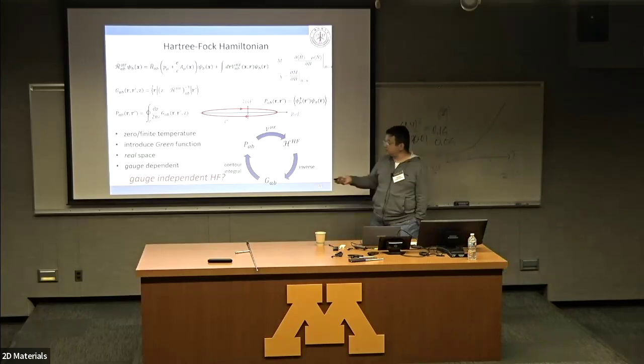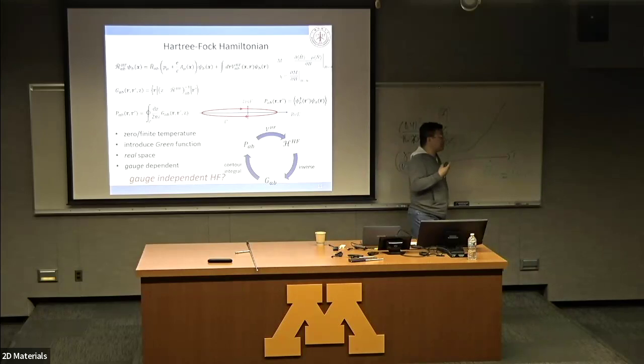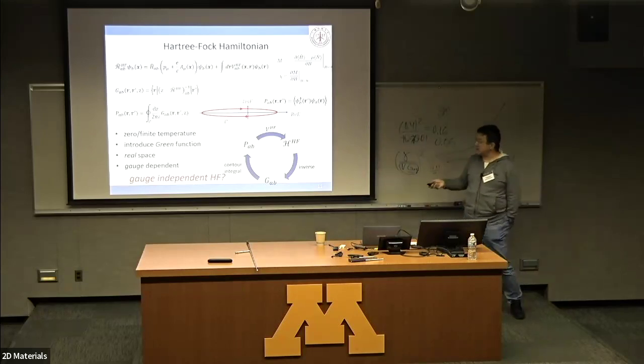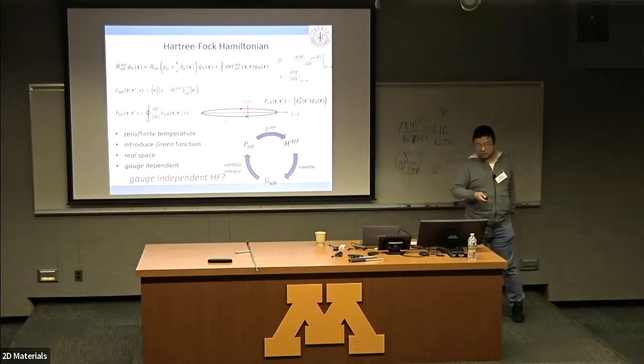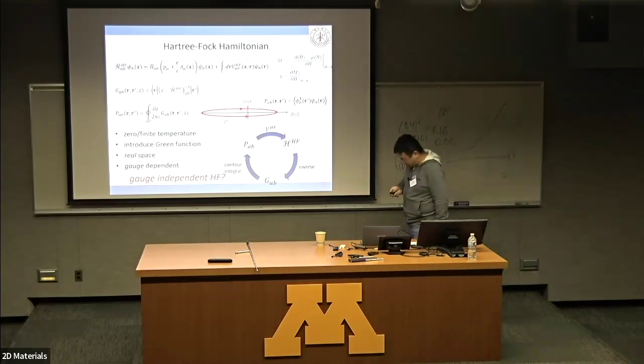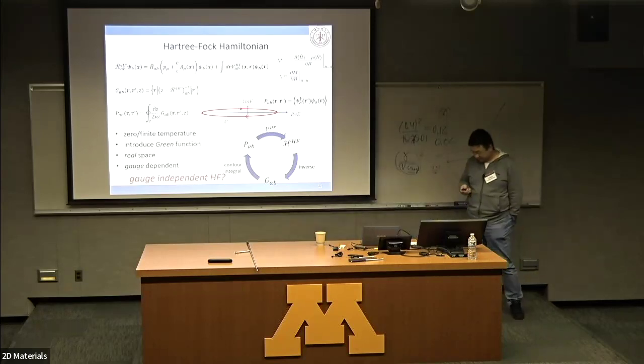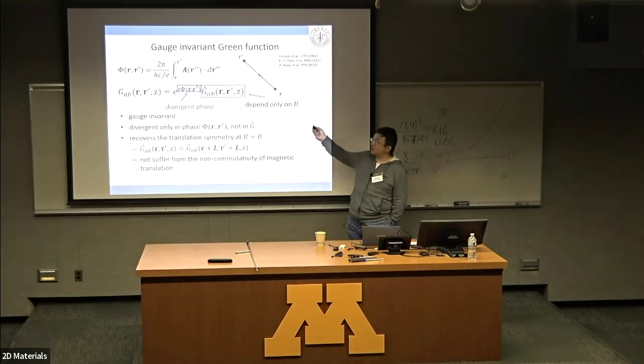So now the question is, can we rewrite everything or change this loop so that we can have some gauge independent Hartree-Fock approach? The answer is yes, but before presenting the method, let me introduce something called the gauge invariant Green function.